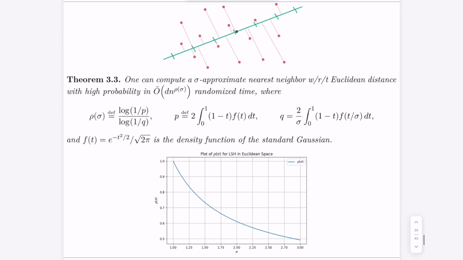They just plot it. So what does that mean? If you were going for a 2 approximation, that looks like it's something like 0.61.